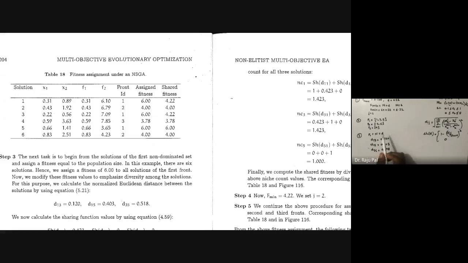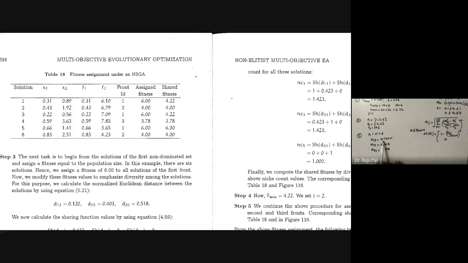We have the value for d here and the value for sigma share here, so we can easily check where the condition holds. We need to check whether d is less than or equal to sigma share.